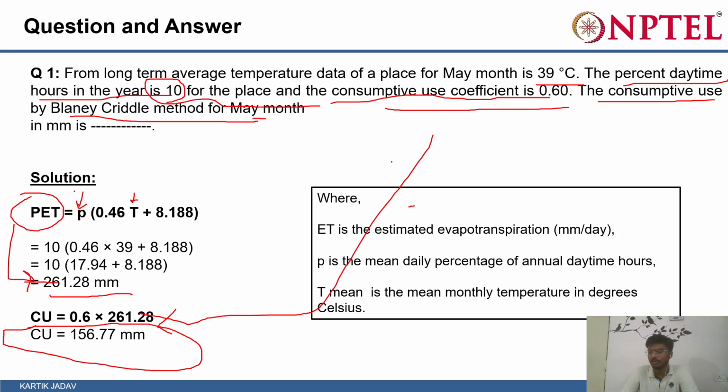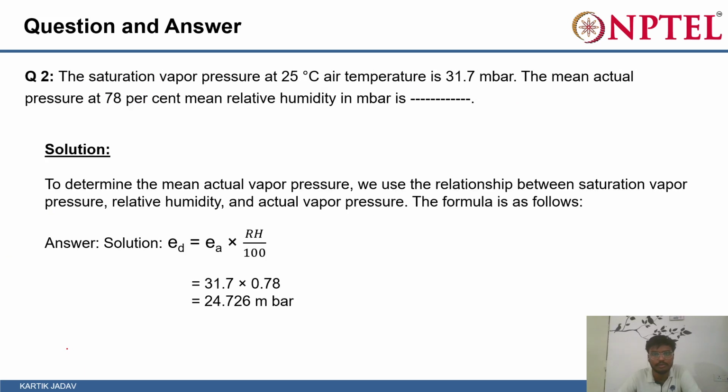PET represents maximum evapotranspiration, but that is not the case in each crop, as well as in stressed conditions, soil moisture stress conditions, or for a smaller crop with different aerodynamic properties. For that consideration, we multiply by this consumptive use coefficient. Then based on that, we get the consumptive use. The answer is between 156 to 157.